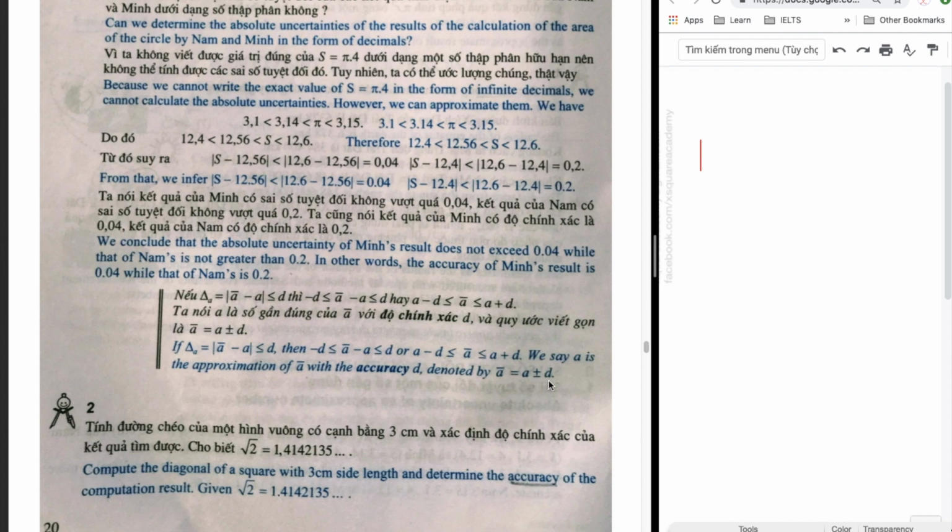The exercise: compute the diagonal of a square with 3 cm side length and determine the accuracy of the computation result, given the square root of 2 equals 1.41421356. You should try to solve this exercise.